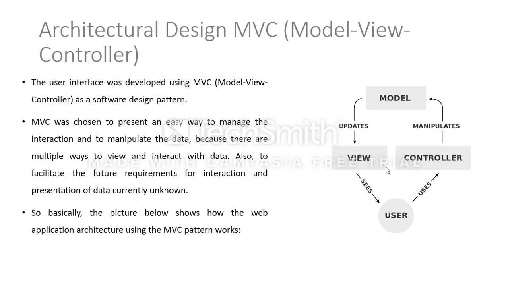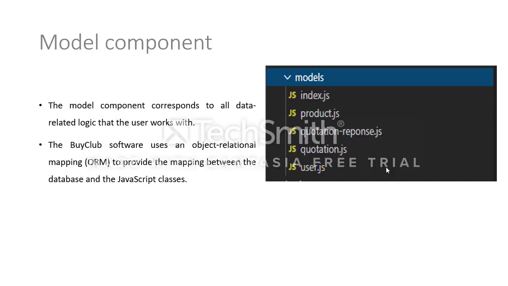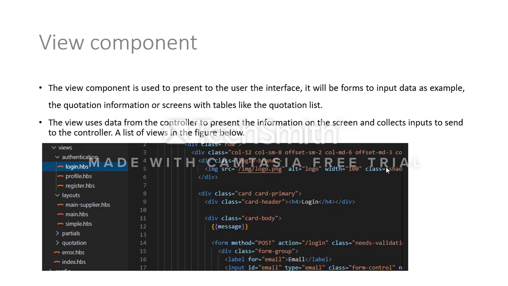So basically the picture shows how the web application architecture using MVC patterns works. There's a model component, a controller component, and a view component. The model component corresponds to all data-related logic that users work with. The BuyClub software uses an object relational mapping to provide the mapping between the database and the JavaScript classes.